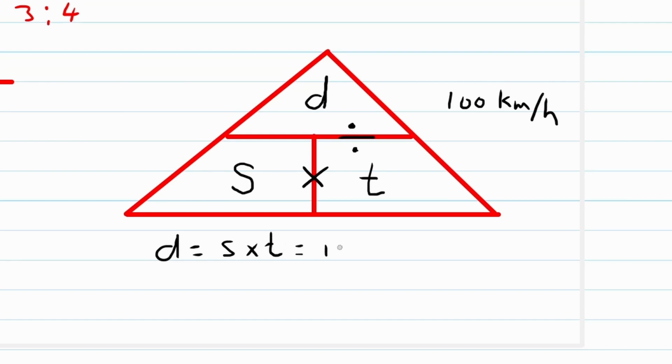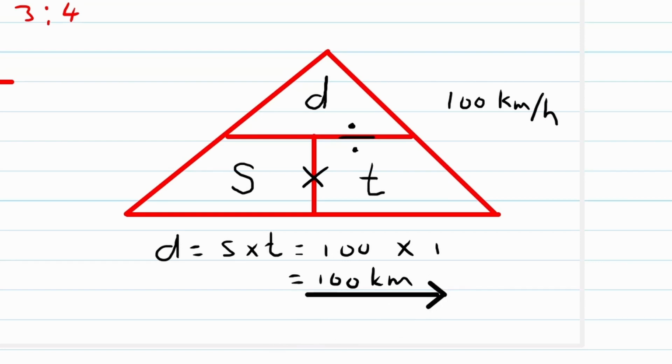So it will be 100 kilometers per hour times 1 hour. And we know that will be 100 kilometers then. At a later stage, I would like to show you how the units work with these, but it's not relevant currently for you guys in this module.